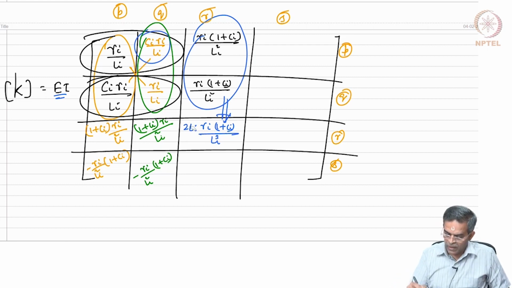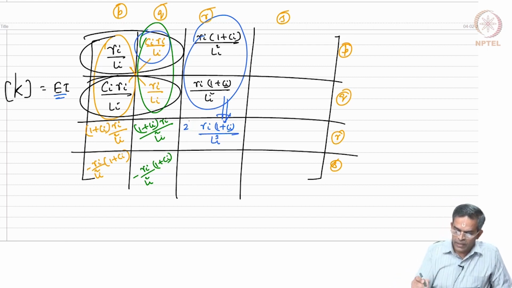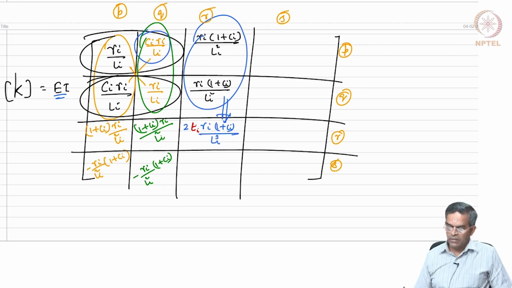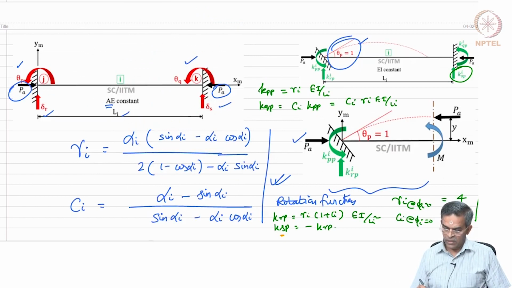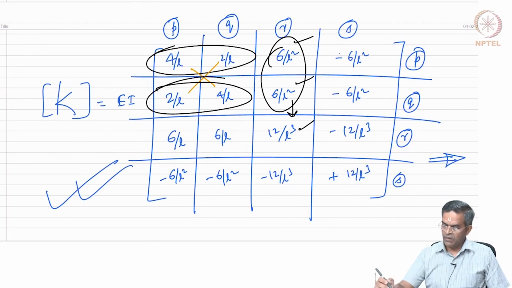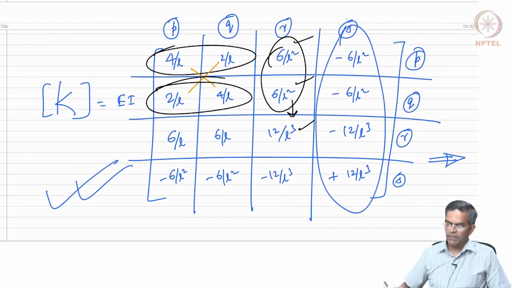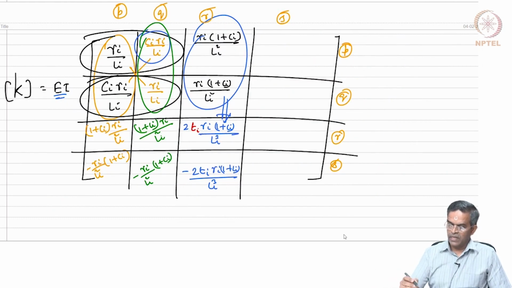Okay, let me do it in different color. I am putting Ti here. So therefore, this will be minus 2 Ti of Ri of 1 plus Ci Li cube. The fourth column, as you see here, is negative of the third column. I am doing the same thing here, negative of the third column.